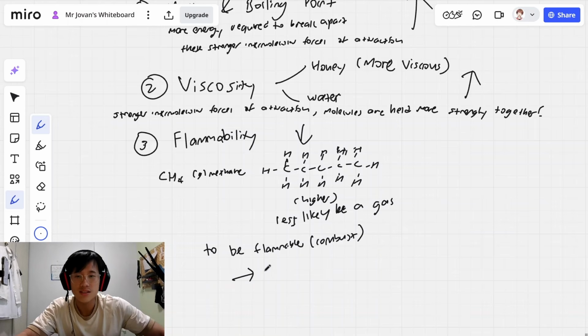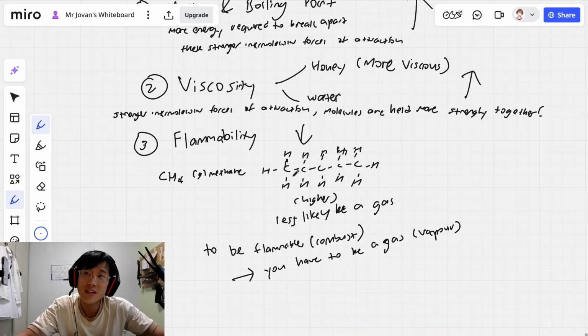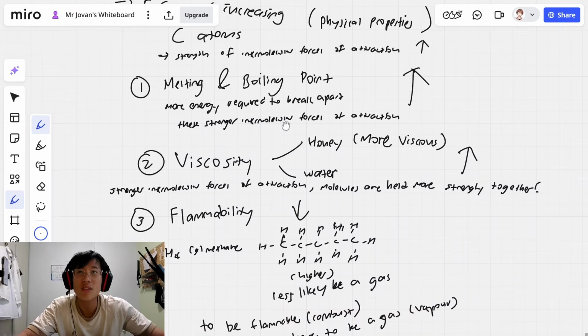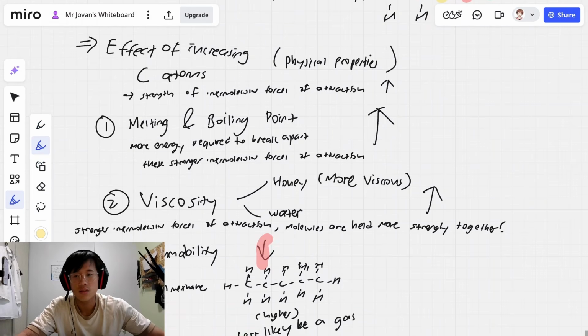You have to be a gas, or vapor. And that's why if I have so many carbon atoms, I have a higher melting and boiling point, I'm less likely going to be just chilling around as a gas. And therefore I am less flammable. Do you see the link? I hope you see the link.